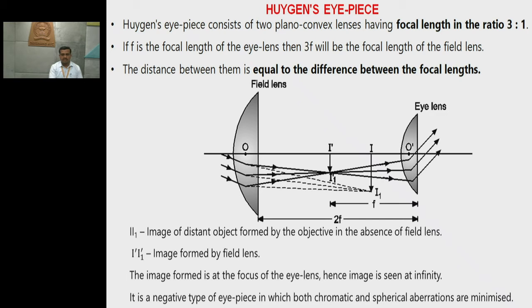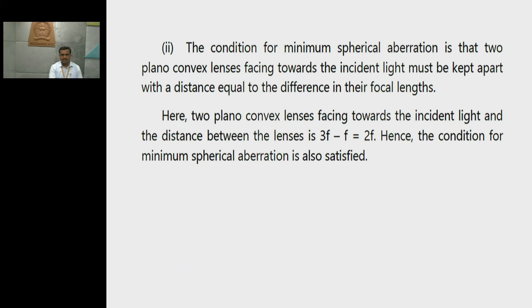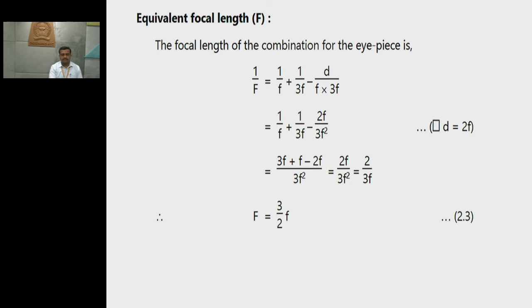The object is supposed to be kept at the left and the image we are getting on the right side. So here the two plano-convex lenses are facing towards the incident light, and the distance between them is 3f minus f, equal to 2f. Hence the condition for minimum spherical aberration is also satisfied.